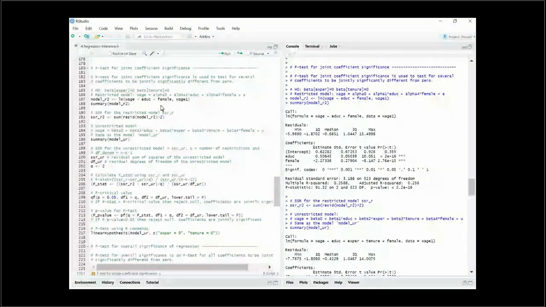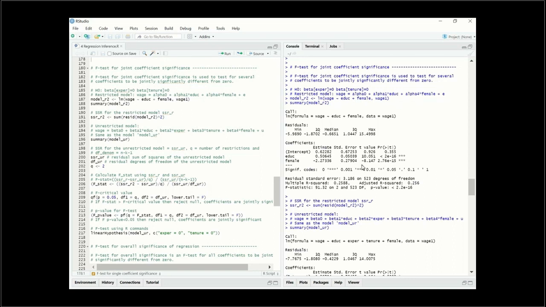They're tested jointly. So the same way to form the F statistic, here we are doing the sum of squared residuals for the restricted model minus the sum of squared residuals for the unrestricted model divided by Q, and then divided by the sum of squared residuals for the unrestricted model divided by the degrees of freedom for the unrestricted model.